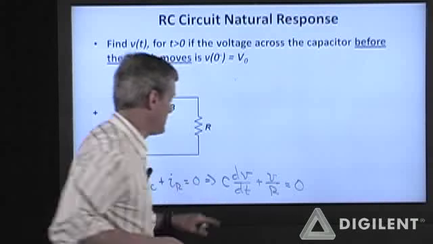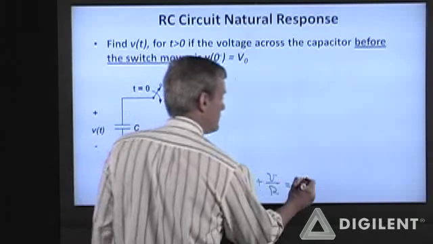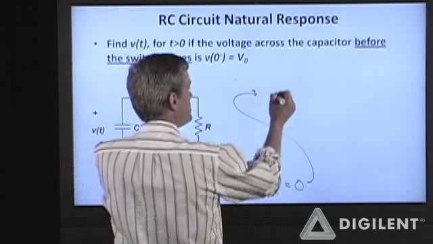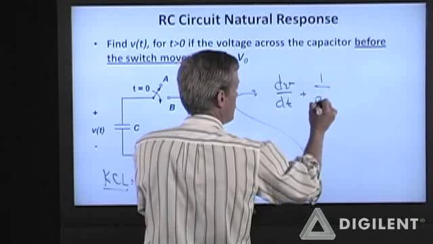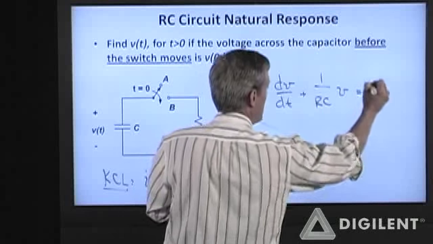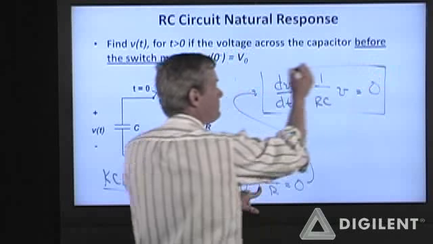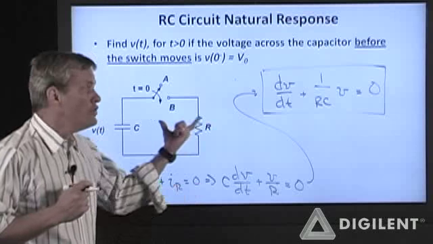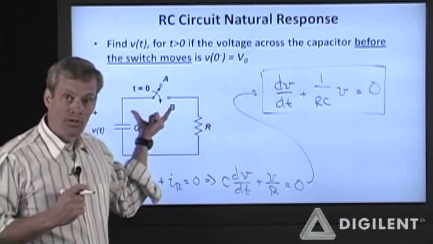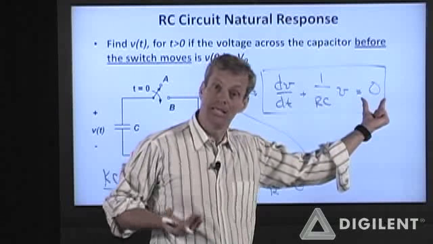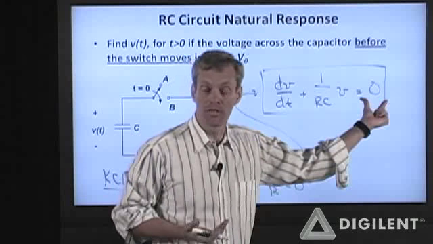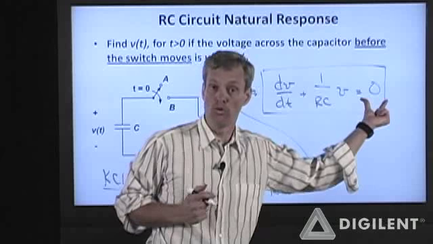Simplifying this, if I divide through by C, my governing differential equation is going to become dV by dt plus 1 over RC times V is equal to 0. Note that I have no power source, I have no input. U of t in this expression is 0. I'm finding the homogeneous solution or the natural solution only.